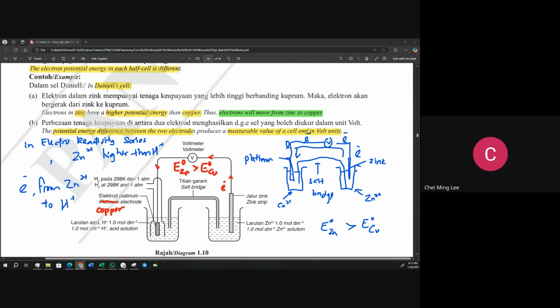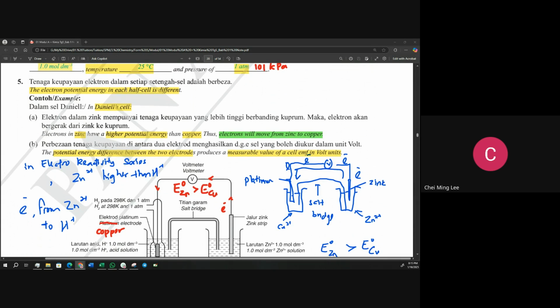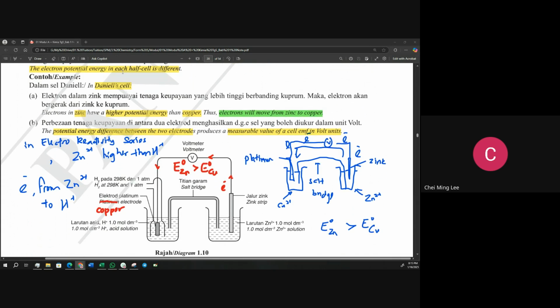So now let's see. As we know, the electrode potential energy in each half cell, this half cell and this half cell, is different. For example, in the Daniel cell, the electron in zinc has a higher potential energy compared to copper. This is due to the electropositivity. So that's why here higher, here lower.